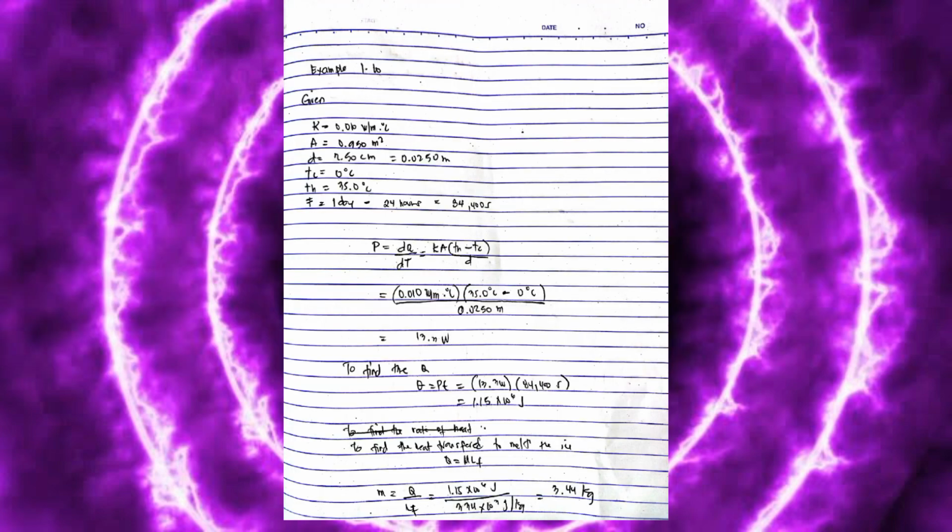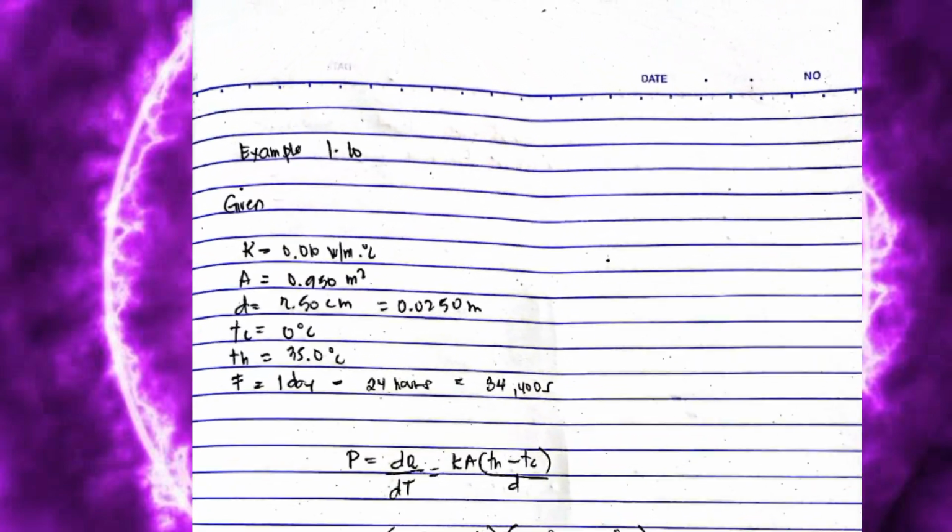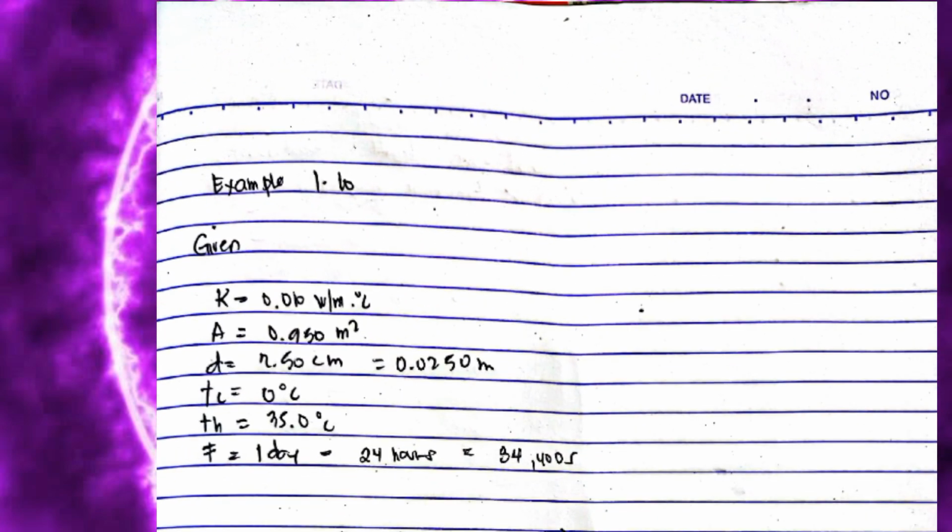So first, we write the given. Our given here is K, which represents the thermal conductivity, which is 0.010 watt per meter degree Celsius, and our area is 0.950 meter square, and our thickness here is 2.50 centimeters, and we convert it into meters, so we get 0.0250 meter.